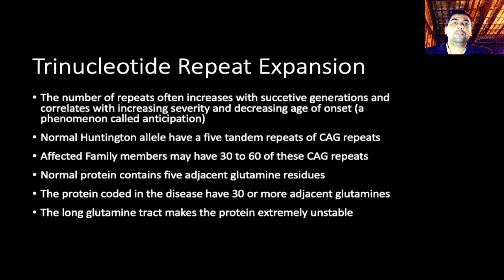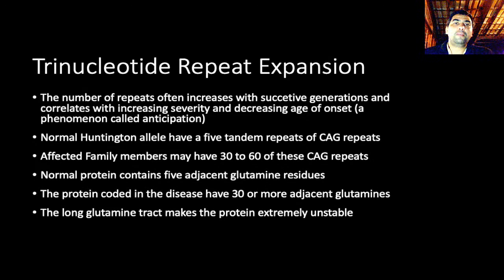The number of repeats often increases with successive generations and correlates with increasing severity and decreasing age of onset, a phenomenon called anticipation. Normal Huntington alleles have 5 tandem CAG repeats.